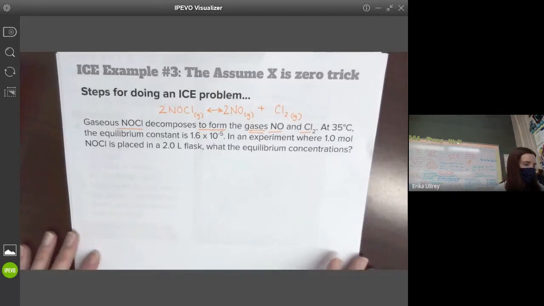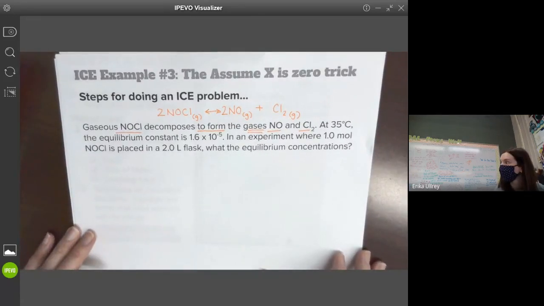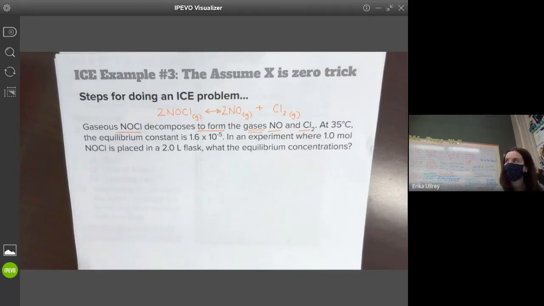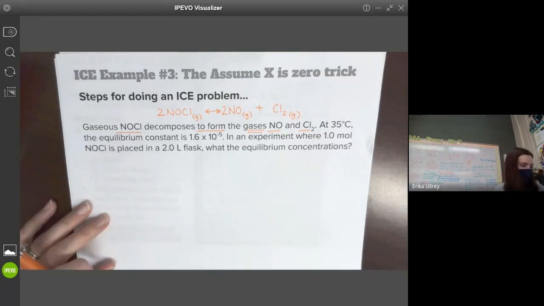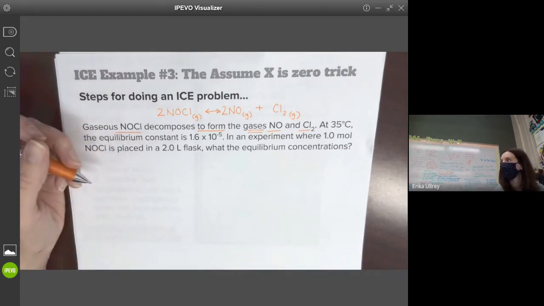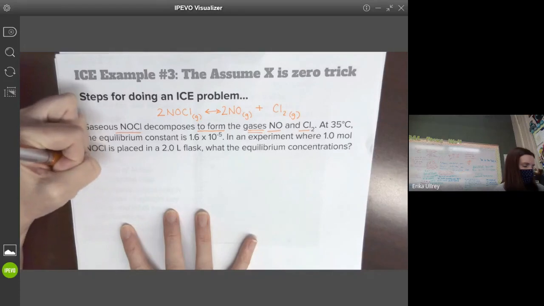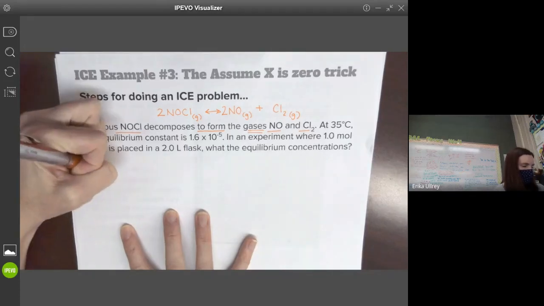So Aiden, what would my equilibrium expression be for this problem? This is the same one as before. What's the equilibrium expression for this? K is equal to what?